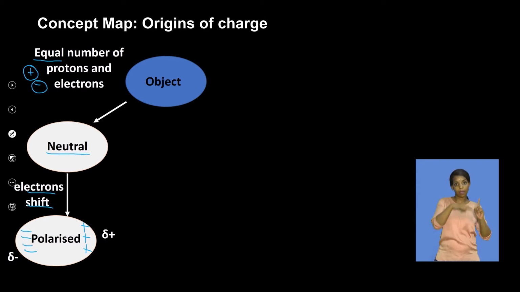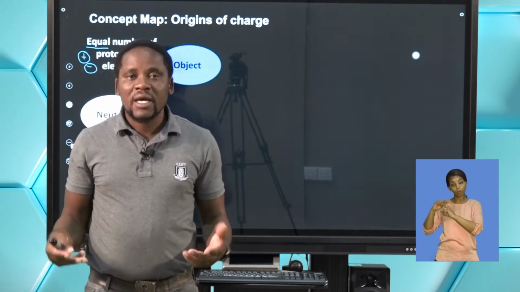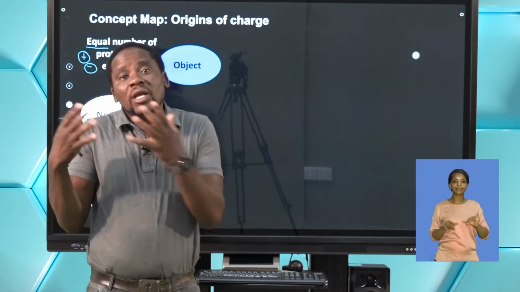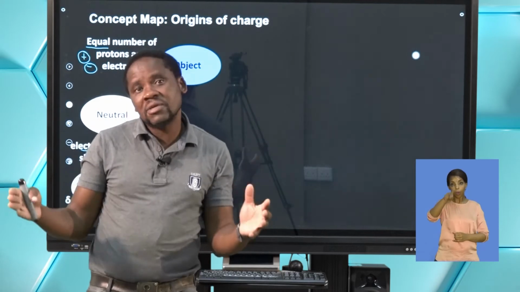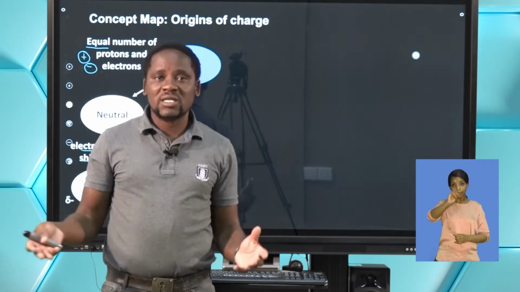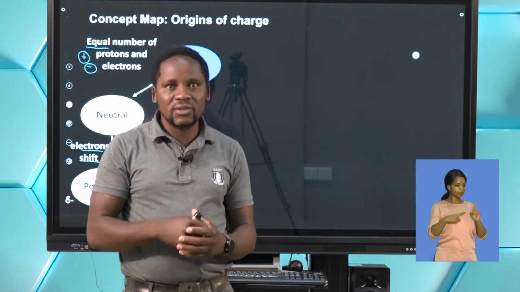Still, in essence, the number of positive and negative charges is the same, hence it is neutral. But polarization has to do with having two ends of the same material with opposite charge, one becoming positive and the other becoming negative. We shall talk to that as we go along.